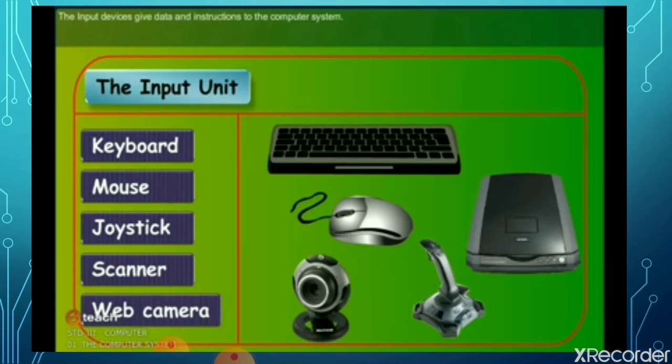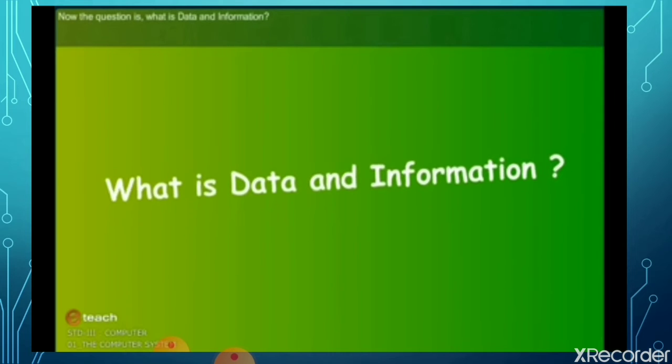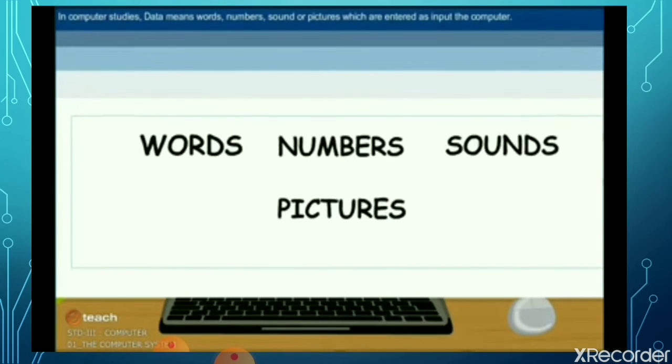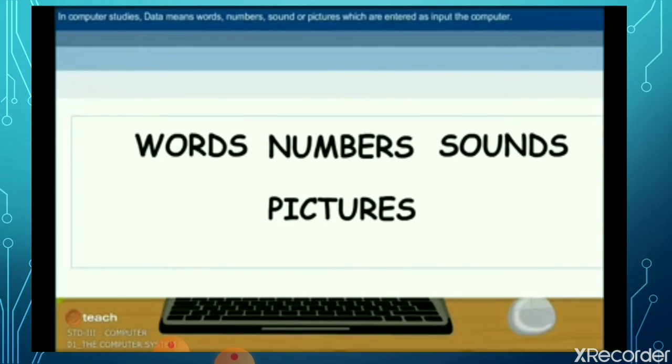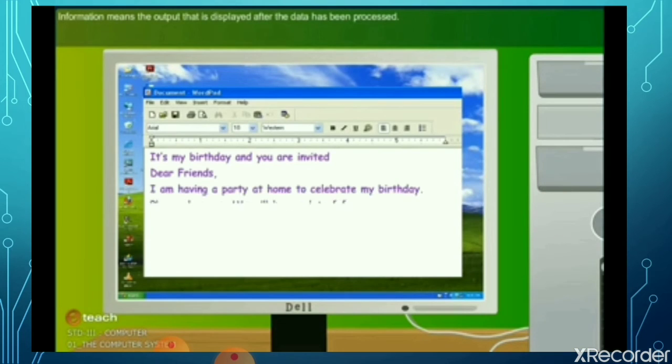The input devices give data and instructions to the computer system. Now the question is, what is the data and information? In computer studies, data means words, numbers, sounds or picture, which are entered as input in the computer. Information means the output that is displayed after the data has been processed.